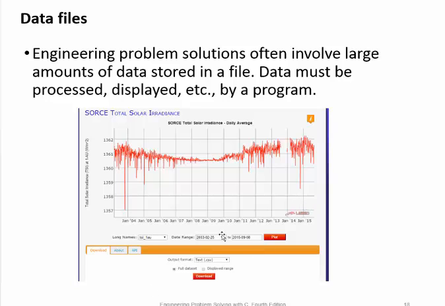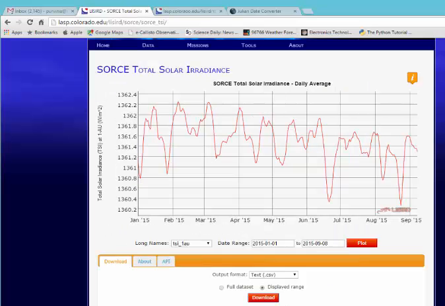However, from this website, which I think is from the University of Colorado Boulder, you can limit the data to some smaller subset that you want to see. So for example, here is this total solar irradiance coming from the sun this year, starting January 1, 2015 up into the present.